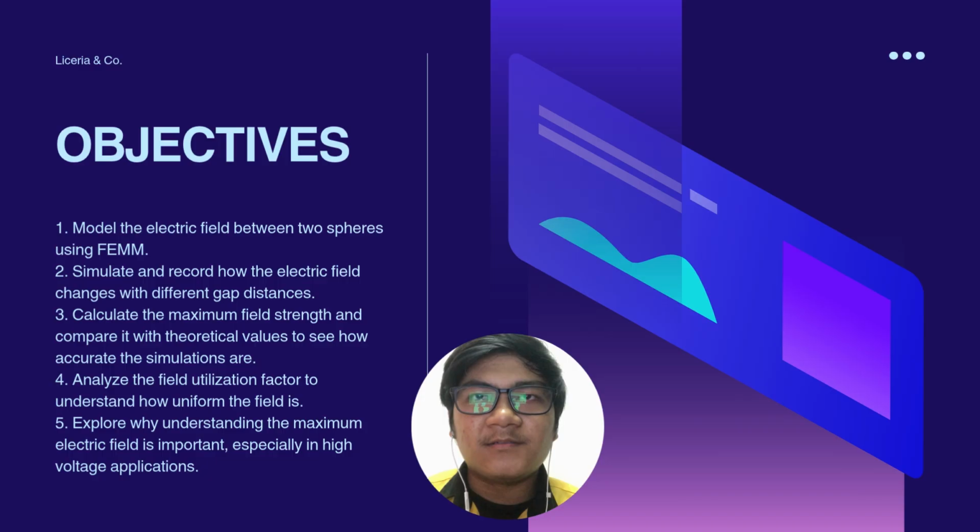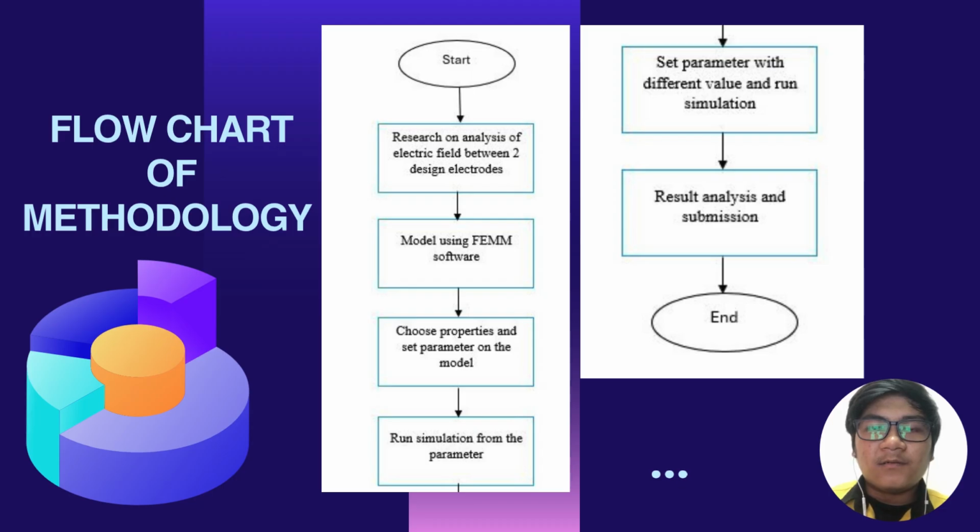The fourth one is to analyze the electric field utilization factor to understand how uniform the field is. And the last one is to explore why understanding the maximum electric field is important, especially in high voltage applications. Now for the methodology of Task 1.